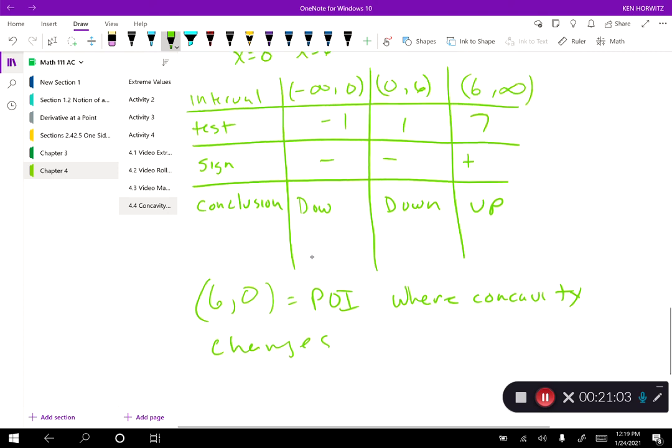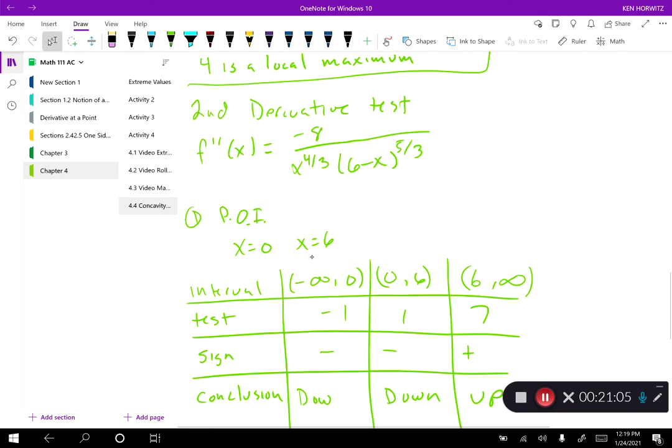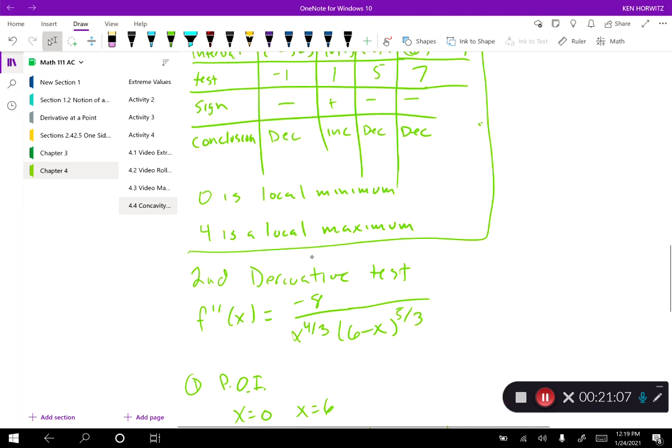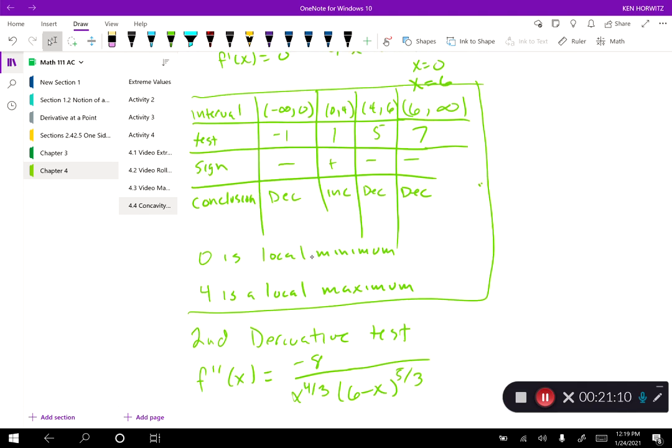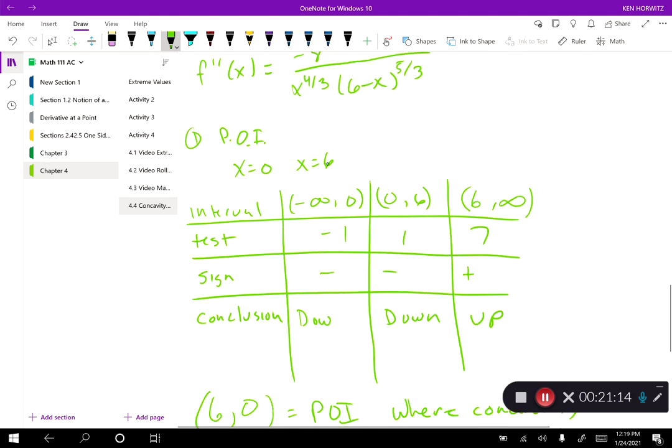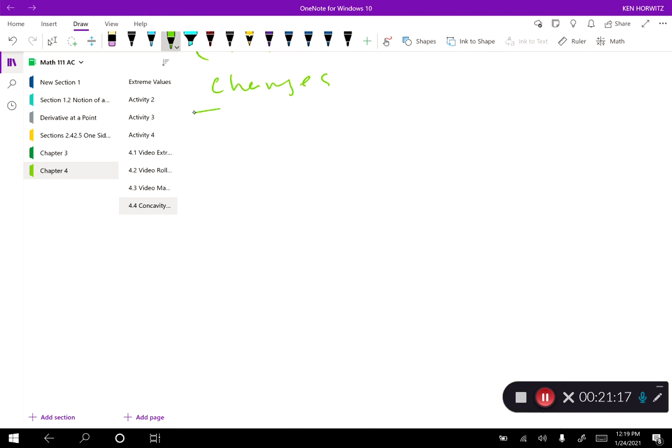If I scroll up to my first derivative test, I see that I'm decreasing to 0. Then between 0 and 4, I'm increasing. I'm just going to write this down. This writing it down isn't part of my answer necessarily. Right now, I really just want a sketch of a graph.